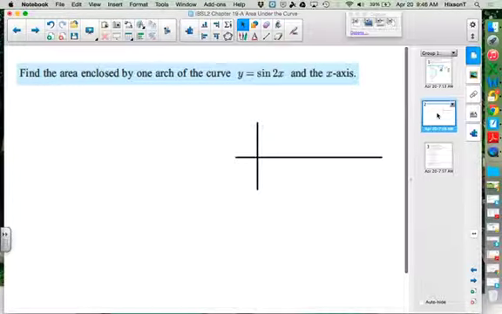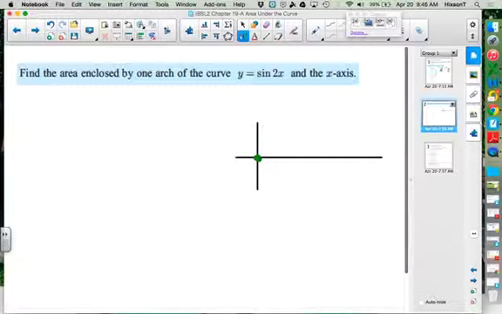So going back to what we remember from trig, how would we sketch sine of 2x? Where does it start? 0, 0. It's not translated anywhere. You don't see any pluses or minuses in there. So we're starting at (0, 0).